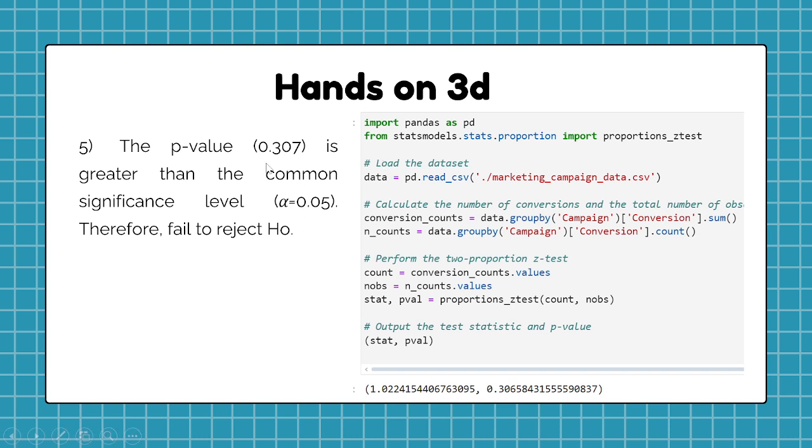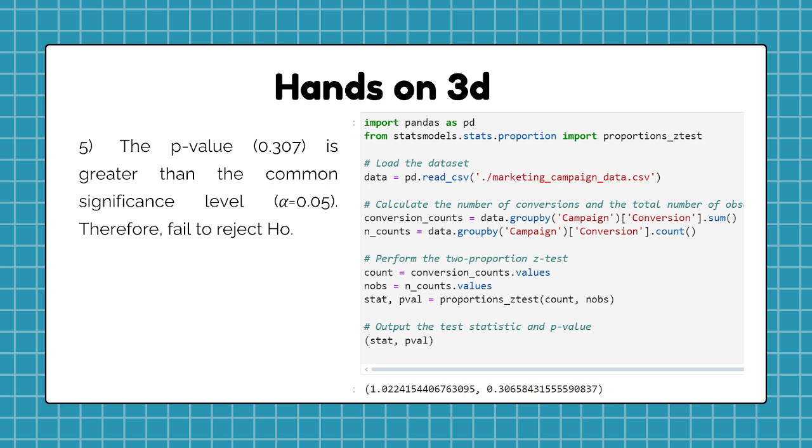How to decide whether we are supposed to reject or accept the null hypothesis? As explained before, we reject in certain cases and accept in certain cases. In this Z-test, we compare the p-value with the significance level. The p-value we have here is 0.307.